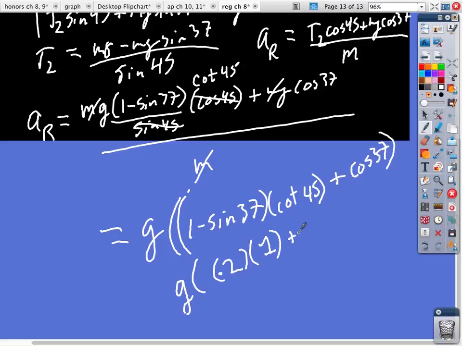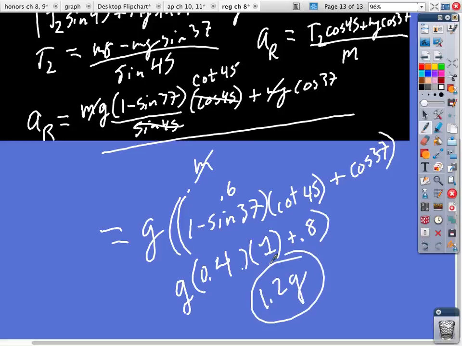Alright, and then plus the cosine 37, that's 0.8. So then this becomes 0.4 plus 0.8, so it's 1.2 G's. So 1.2 G is the radial acceleration.